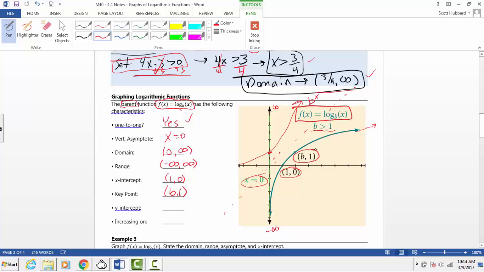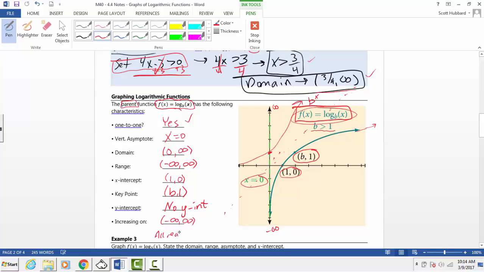And the y-intercept is none. If you look at the graph, there's definitely no y-intercept, so no y-int. Okay, and again, because it has x equals 0 as the asymptote, it can never cross there. And we're talking again about the log function, not about the exponential function. And it's always increasing, so it's increasing on all real numbers.